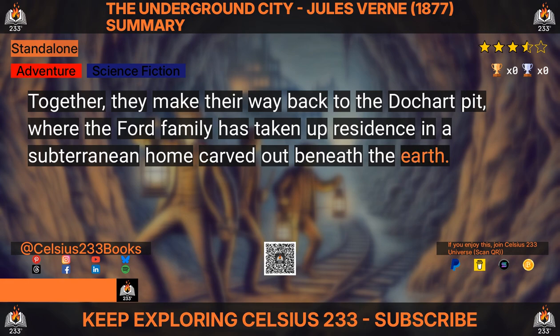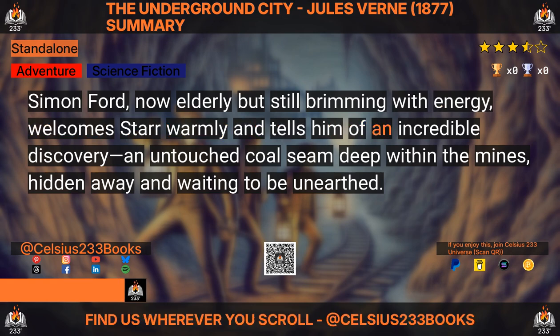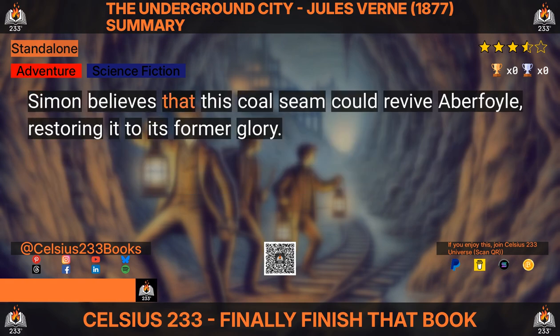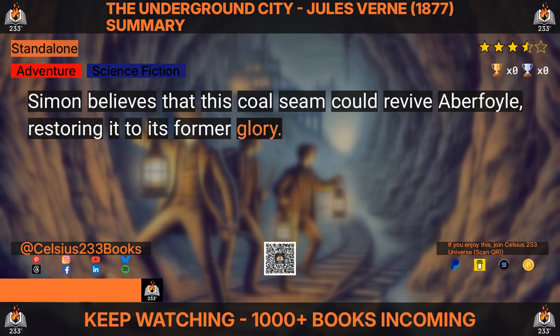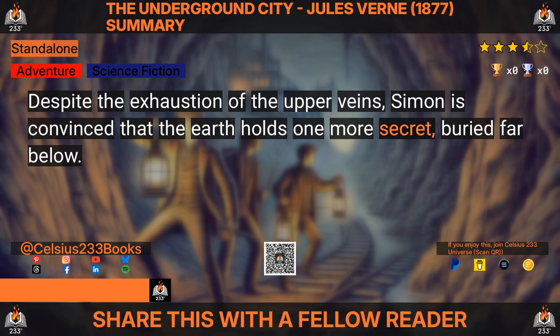Simon Ford, now elderly but still brimming with energy, welcomes Starr warmly and tells him of an incredible discovery. An untouched coal seam deep within the mines, hidden away and waiting to be unearthed. Simon believes that this coal seam could revive Aberfoyle, restoring it to its former glory.